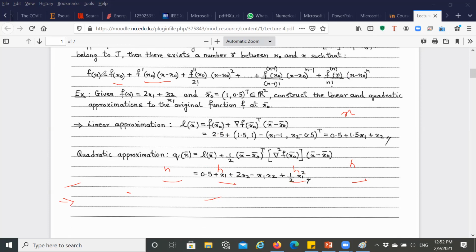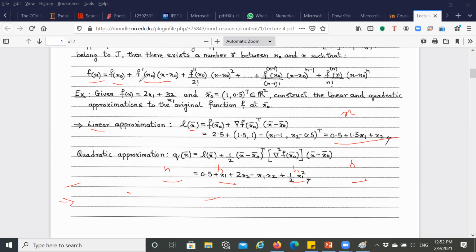If I write it in terms of vector, L is the same as F. I'm writing L just to denote that this is the linear approximation. It would be f of x naught bar plus the gradient times the difference between these two points. Instead of derivative, since this is a vector, you take the gradient. When you work this out, you get the linear approximation of this function at the point x naught.